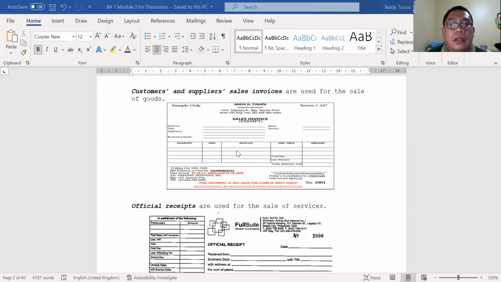Yes. But usually the official receipt would be an issuance which is due to a transaction or a sales invoice that was previously issued and it is on credit. If it is on credit, then later on when they pay, the official receipt will be issued.